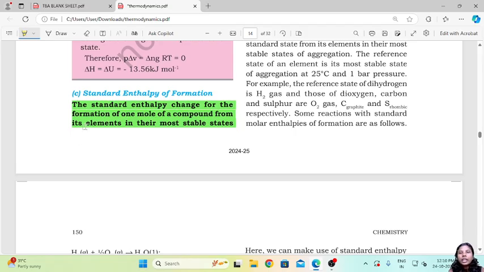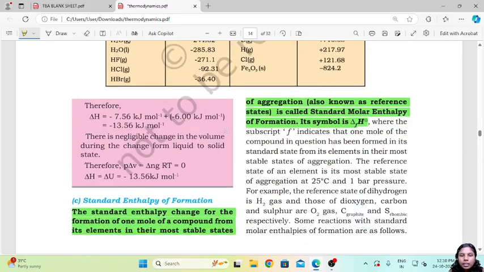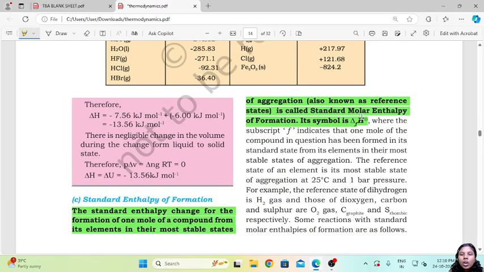Now in a reaction we know something is going to be formed, that is the products that are formed. So the standard enthalpy change for the formation of 1 mole of compound from its elements in the most stable state of aggregation is called the standard molar enthalpy of formation, and its symbol is delta fH naught.